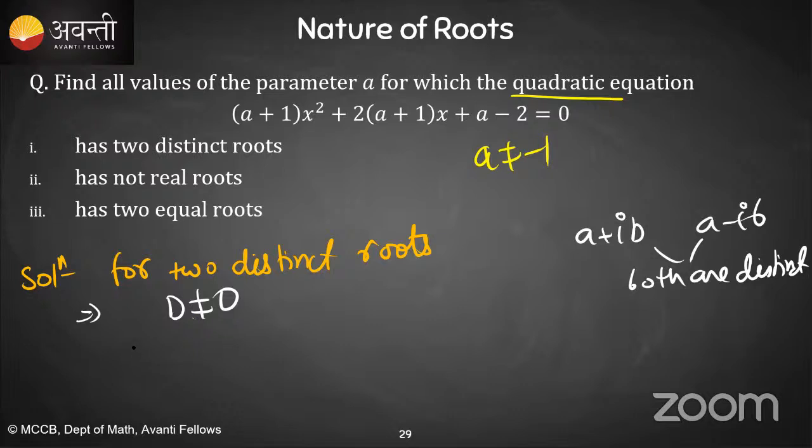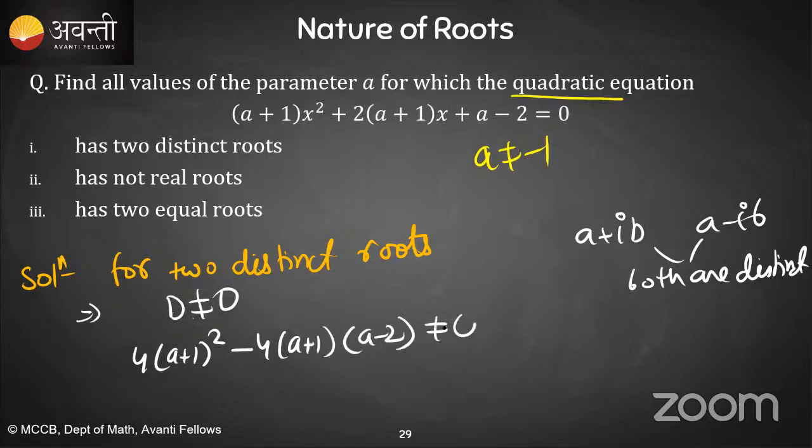So B square is 4 times (a plus 1) whole square, minus 4ac. C is a minus 2. Take a plus 1 common. So it becomes 4 into (a plus 1), and when you take 4 into (a plus 1) common, what you get? a plus 1 minus (a minus 2).